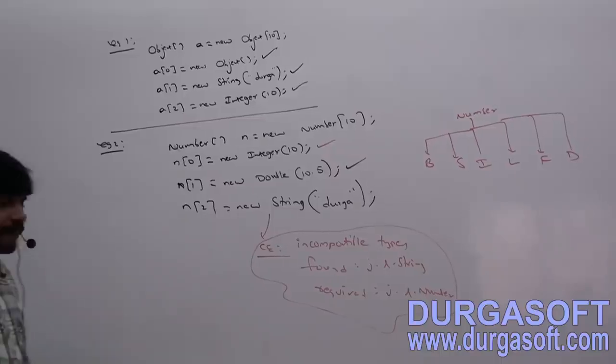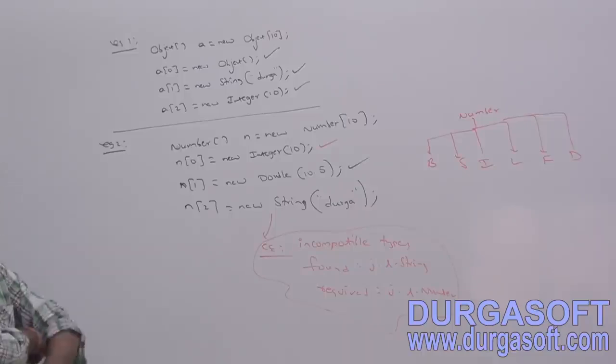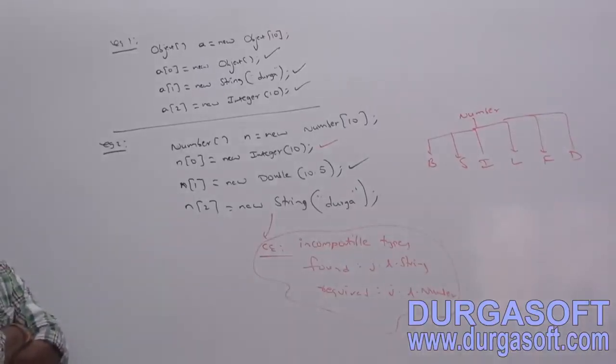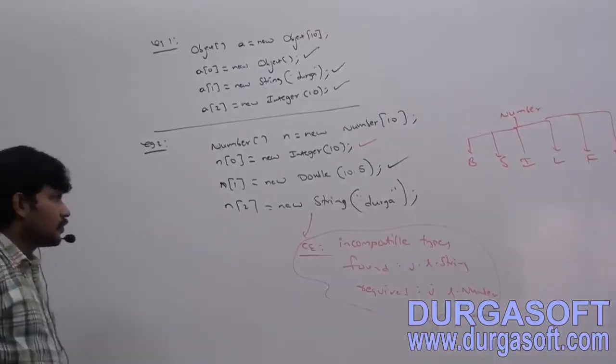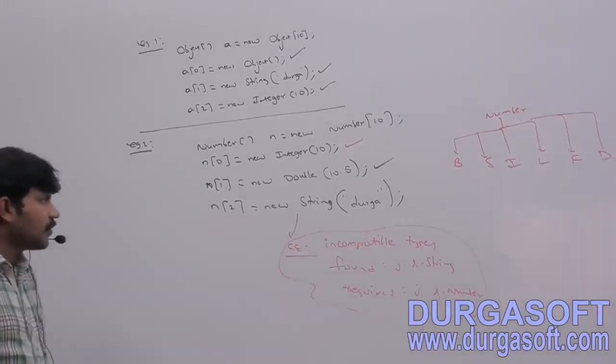Next, example 2. Number[] n = new Number[10]; n[0] = new Integer(10); n[1] = new Double(10.5).